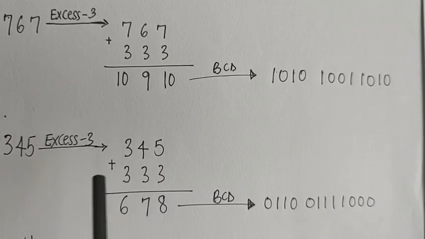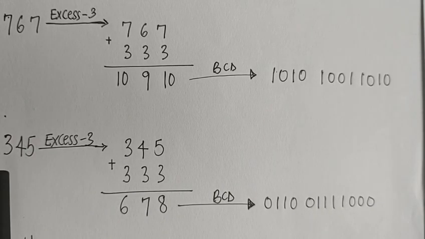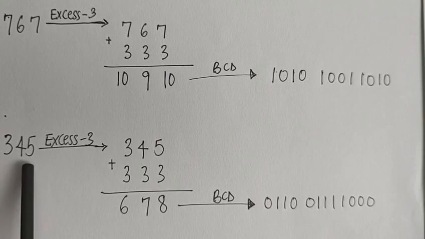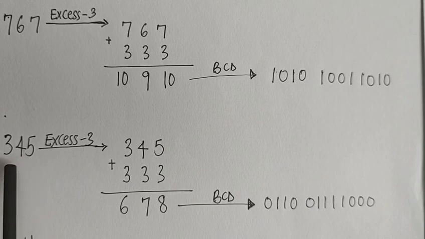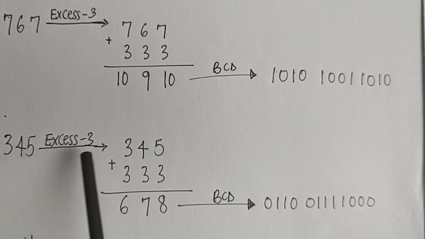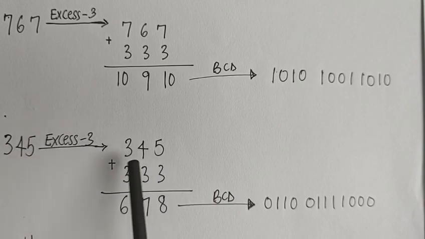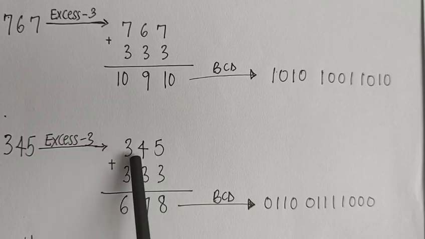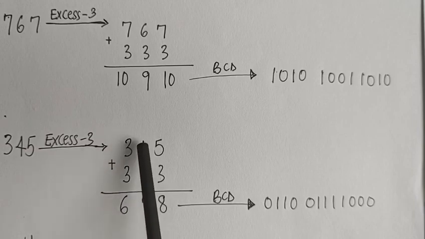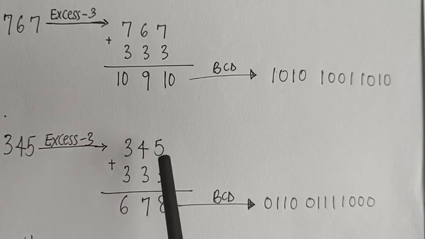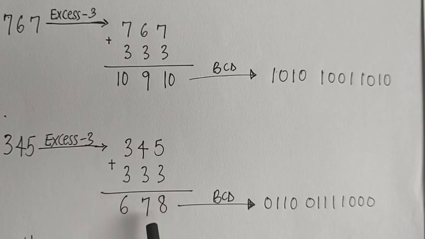The next step will be to take the excess 3 code for the -n. Remember, this is the -n, which is 345. Taking the excess 3 code for the -n means adding 3 to each and every digit in this number. So we have 3 plus 3, 6, 4 plus 3, 7, 5 plus 3, 8.